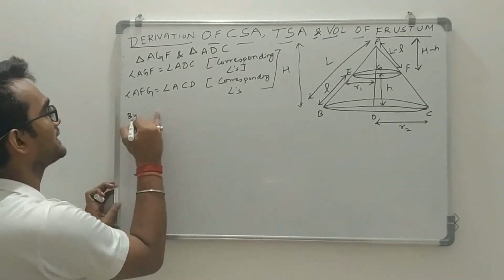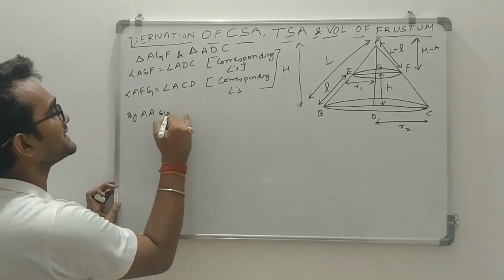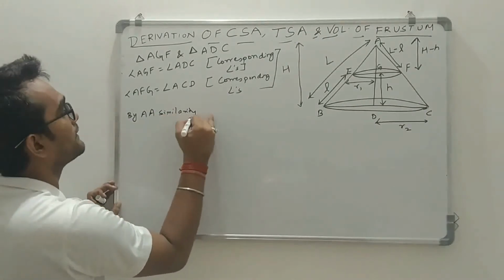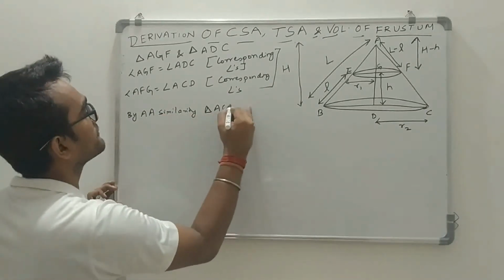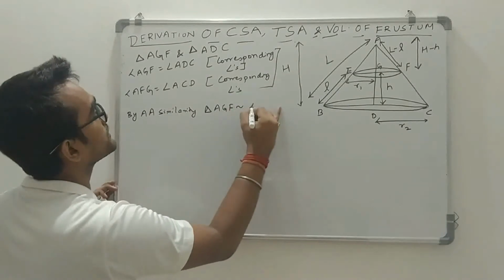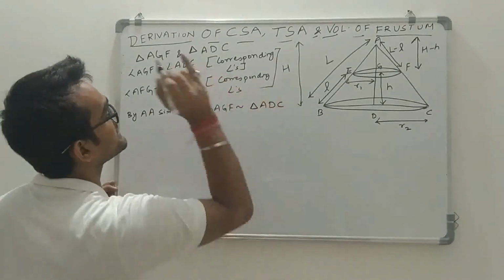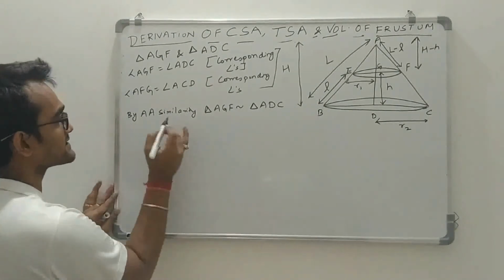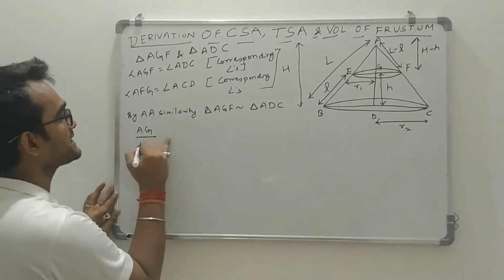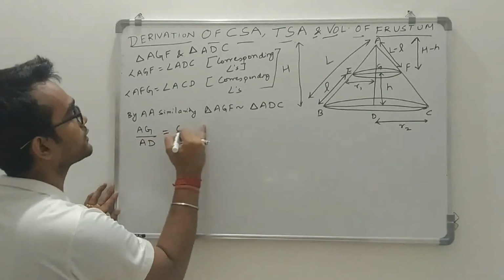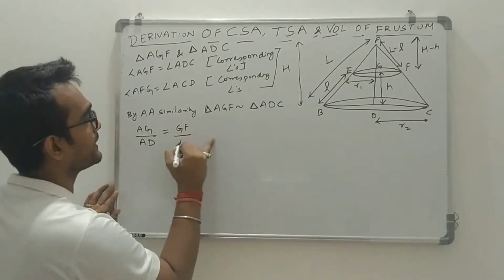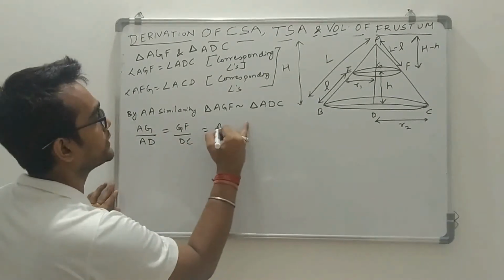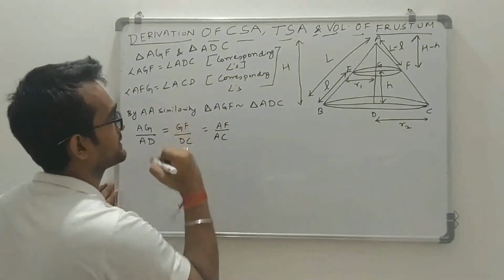So by AA similarity, triangle AGF is similar to triangle ADC. So both the triangles are similar. As two triangles are similar, AG by AD will be equal to GF by DC will be equal to AF by AC.